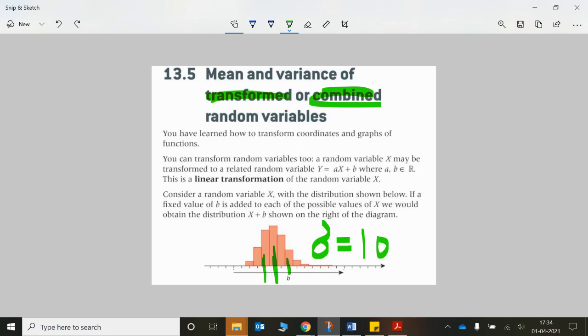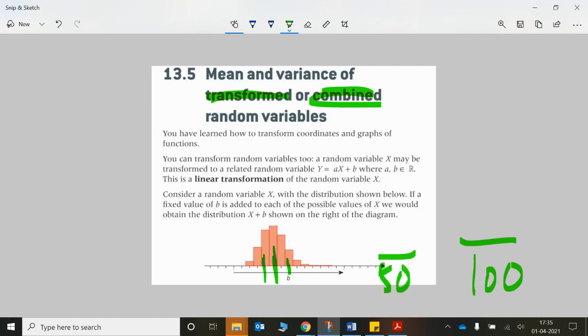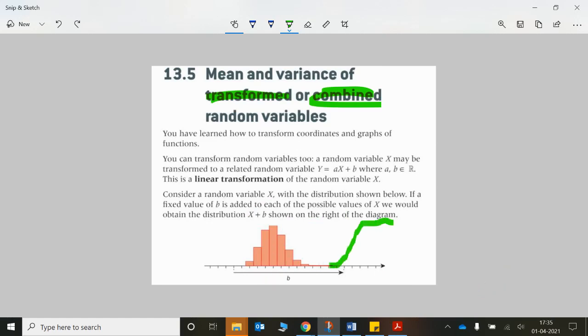Then if we decided to times all the results by 2, so if we changed it to out of 100 instead, then the standard deviation is going to show us a much greater spread. So all of these results would end up looking something like this instead, spread out over a much wider period, twice as far. So the spread of these would be twice as far spread out than the spread of these. So the standard deviation would be doubled as well.